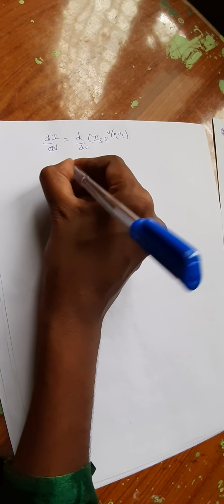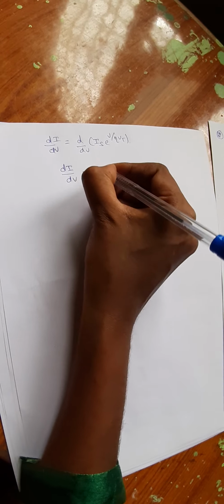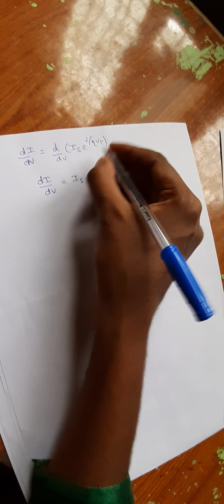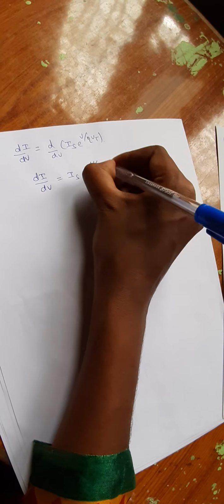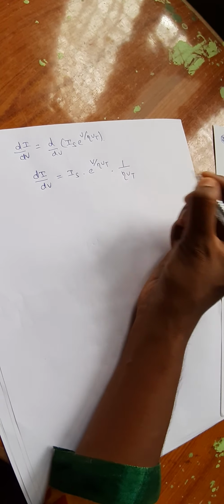Is is taken out because it is a constant term, and when we differentiate e power V by eta Vt, we get e power V by eta Vt into 1 by eta Vt.